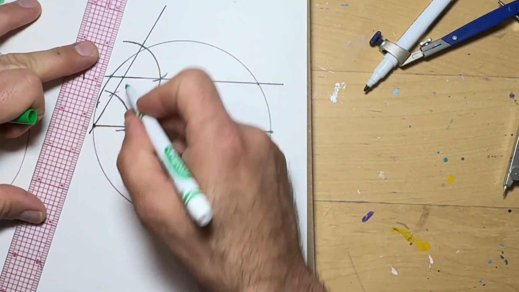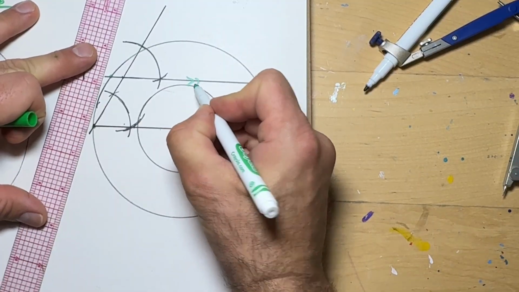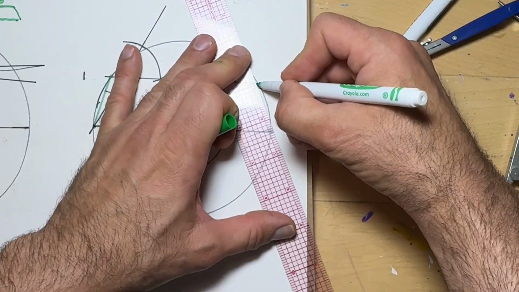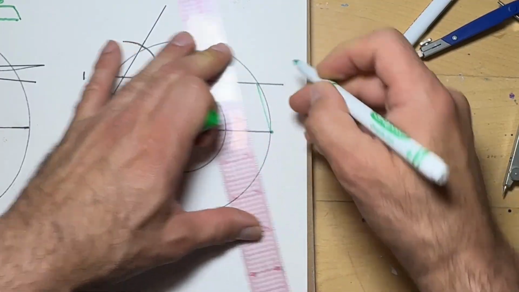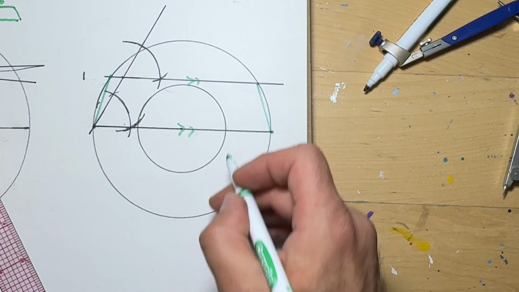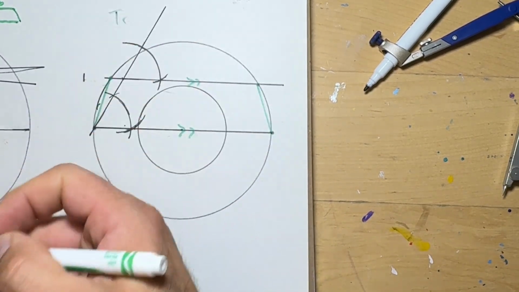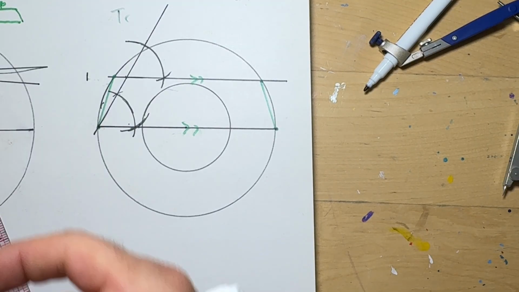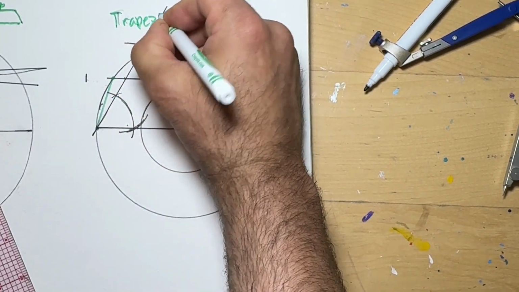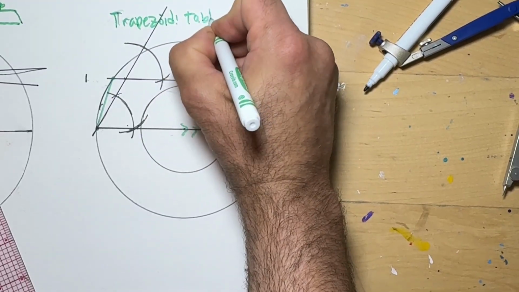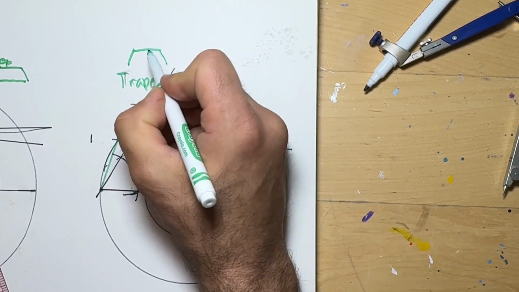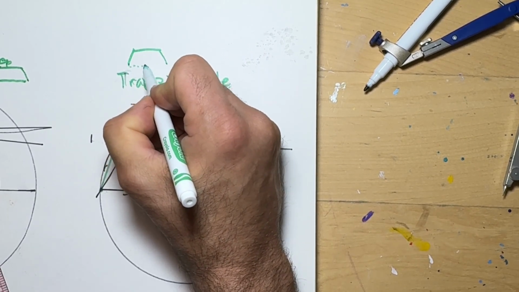Well, now that we have parallel here and here, here to here shorter, we have a trapezoid. Right? So the trapezoid, we're running out of ink here, the root word, the meaning of the word trapezoid is a table. You can imagine a table and the ground.